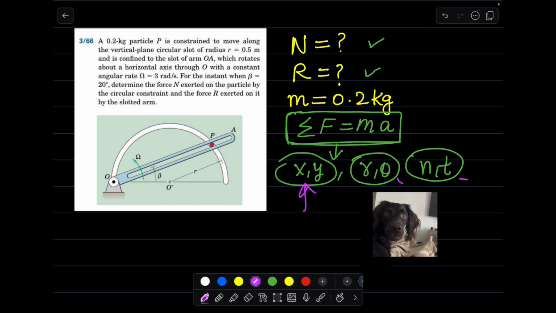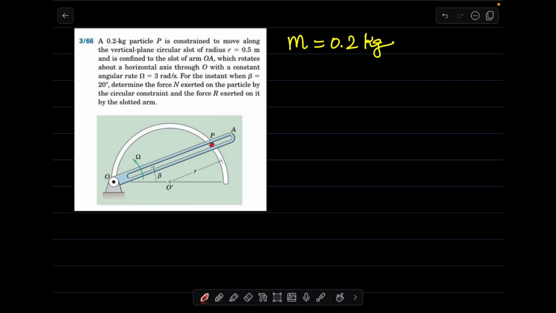So let's go back to the problem and check what information is given to us. I will write some information to understand it. Now let's see the values given in this problem.